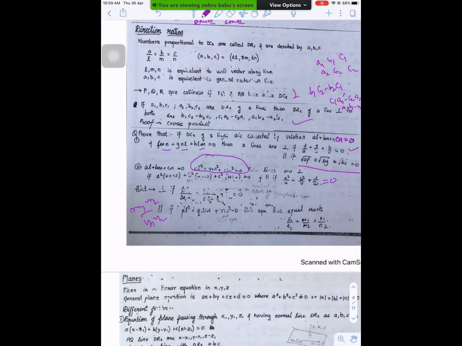In the same way, take one more result: substitute M equal to the LN term, and from that find L1 L2 by N1 N2. And equate this sum to minus 1. The reason is that L1 L2 plus M1 M2 plus N1 N2 equal to 0 is the same as L1 L2 by N1 N2 plus M1 M2 by N1 N2 equal to minus 1. If you equate, you will get the perpendicular condition.